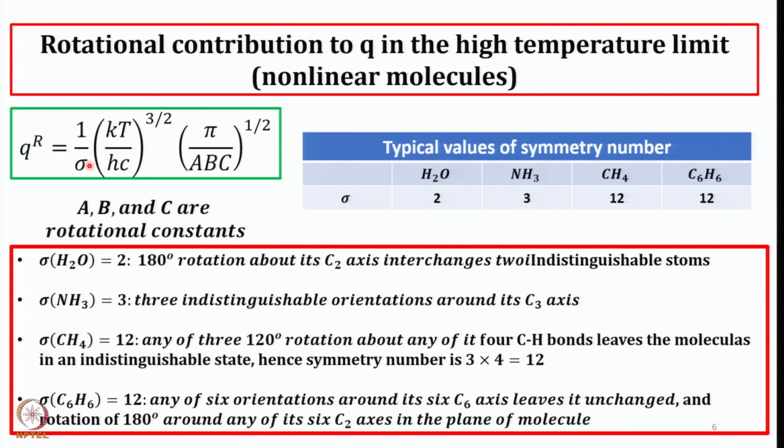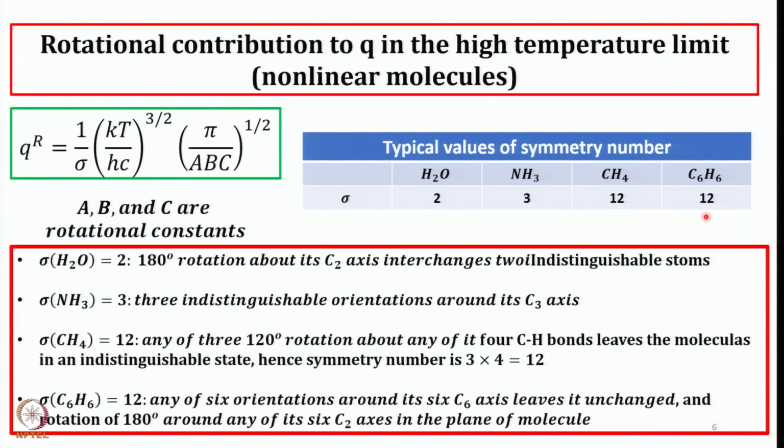The significance of the symmetry number cannot be ignored, and the symmetry numbers of several molecules, at least 4 molecules, are given over here. So, we knew how to calculate the rotational contribution.